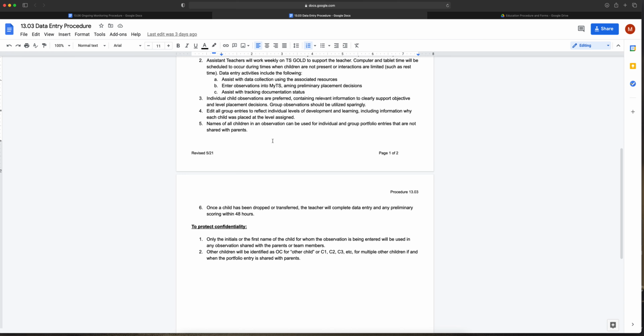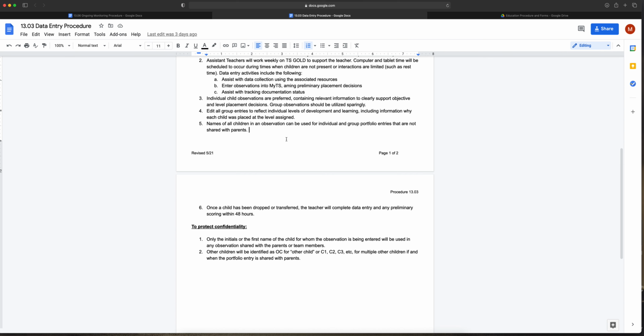It is preferable that observations be completed with individual children and not as a whole group. Group observations can be utilized but should be done sparingly. When a group observation is completed, it is important that we use information specific to children, but do not include any individual information.